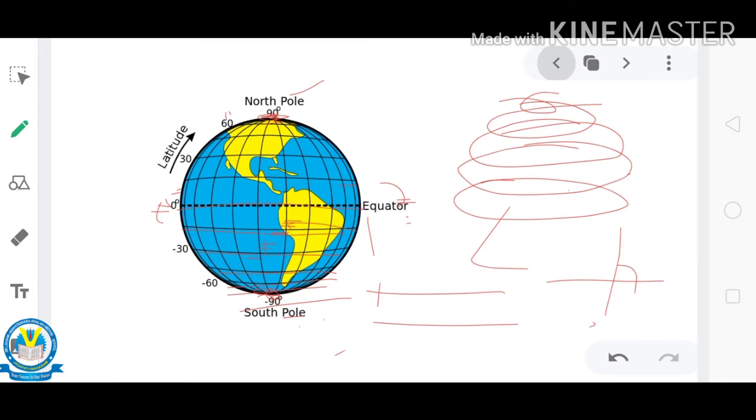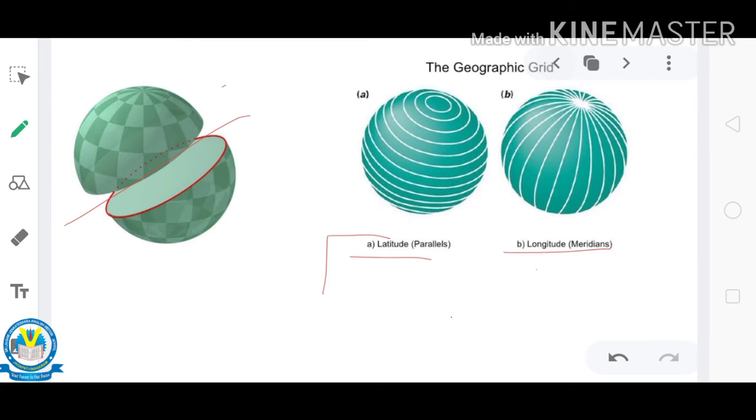Now, the equator divides the earth into two parts. Half of the earth between the equator and the North Pole is called the northern hemisphere. Hemi means half.